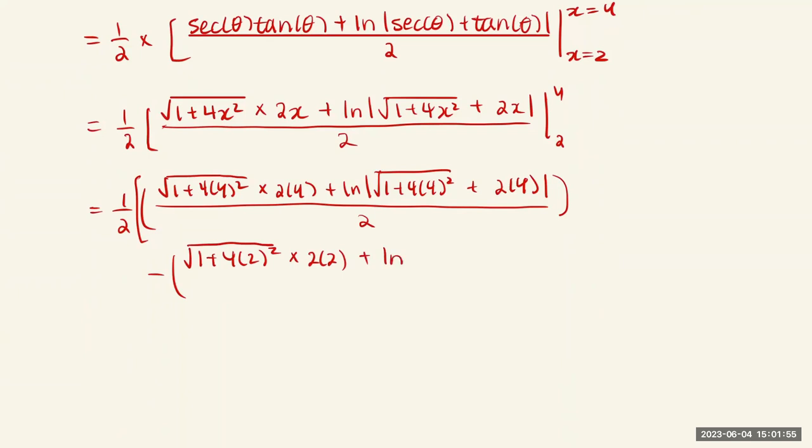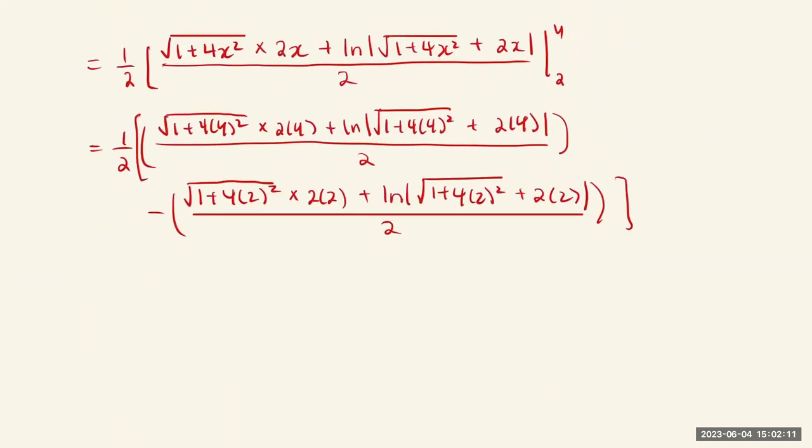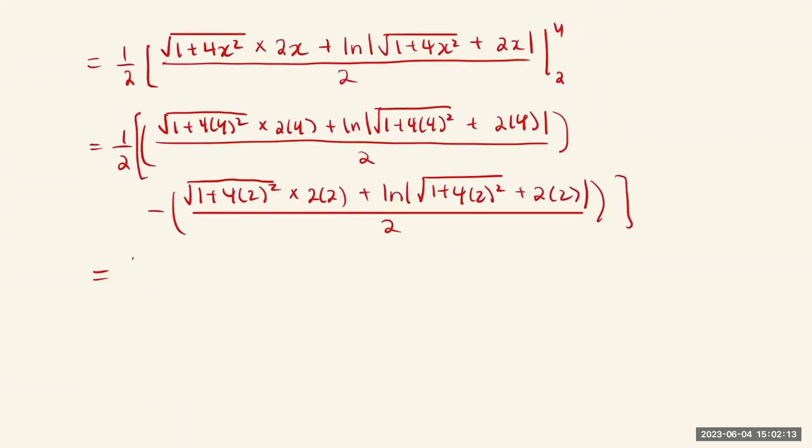Plus the ln of the square root of 1 plus 4 times 2 squared plus 2 times 2, and all this is divided by 2. Let's evaluate the inside. For the first part, we get 1 plus 64, so that's going to be root 65.